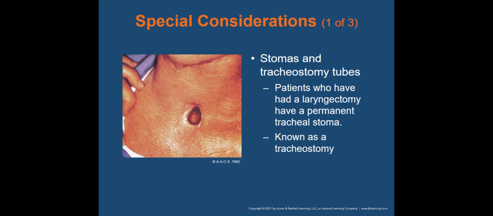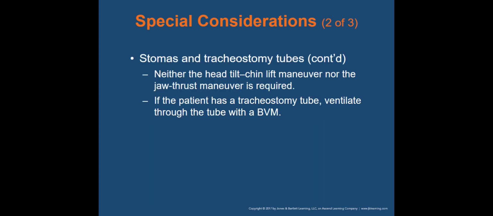Ignore any opening other than the midline tracheal stoma. It is the only one that can be used to put air into a patient's lungs. Neither the head tilt, chin lift, nor the jaw thrust maneuver is required to ventilate a patient with a stoma. Also, they often hide them in public by wearing scarves or other clothing that buttons up across the stoma so that it's not an obvious hole in the chest or in the neck.